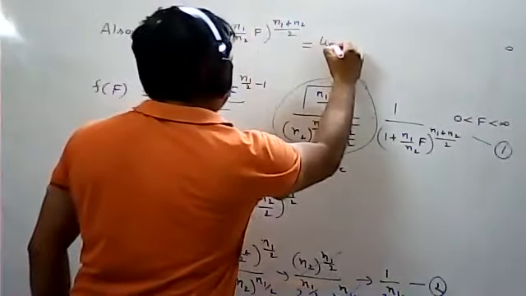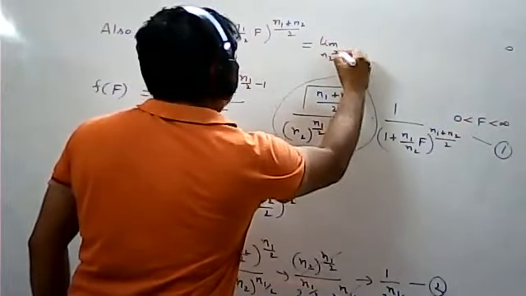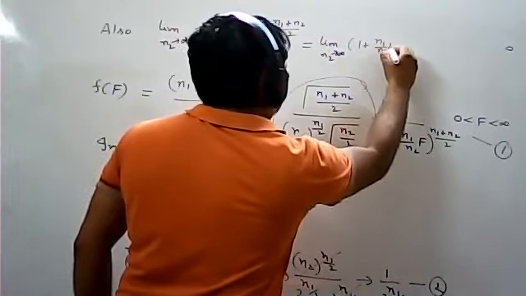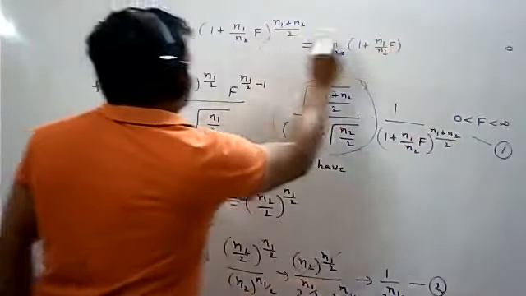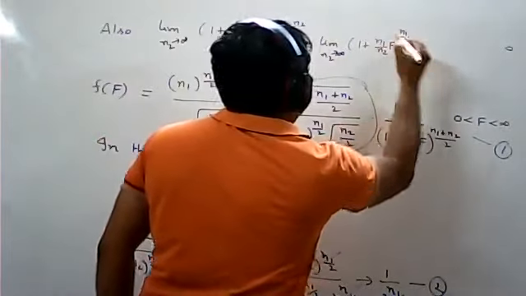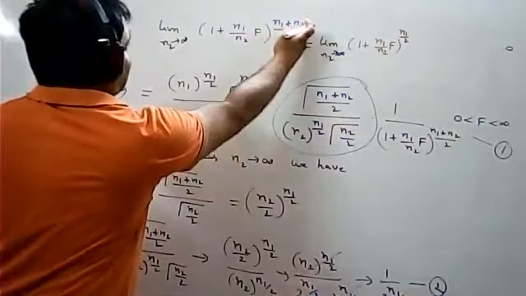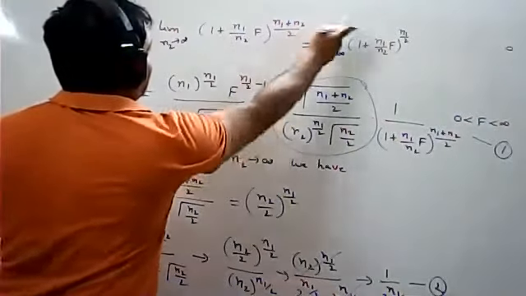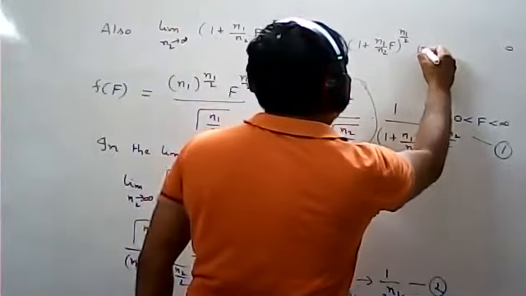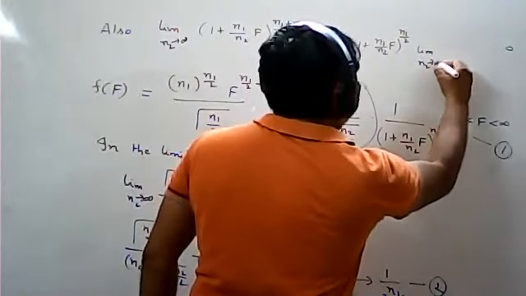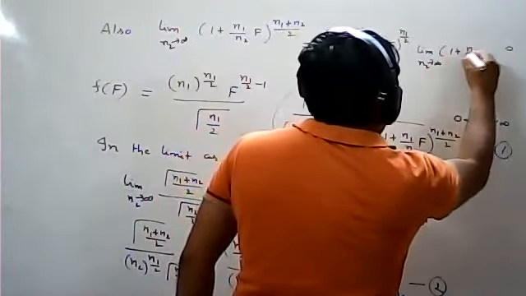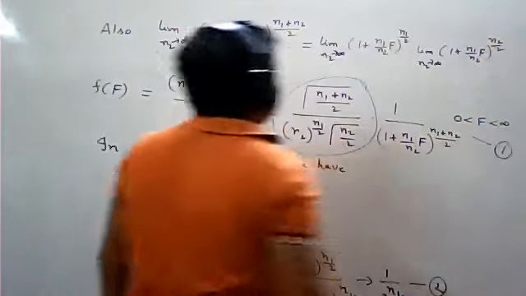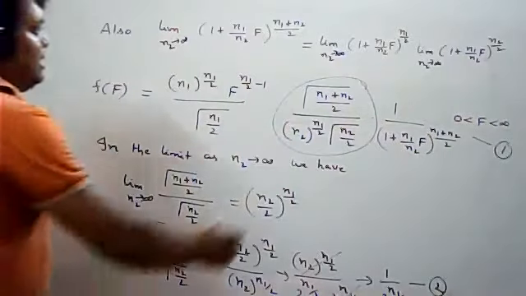So limit n2 tends to infinity of (1 plus n1 by n2 f) whole power n1 by 2, into limit of (1 plus n1 by n2 F) whole power n2 by 2. Here a power (m plus n) can be written as a power m into a power n. These are the formulas.